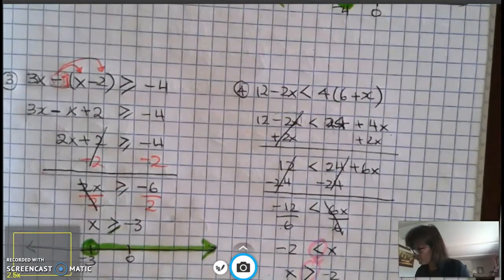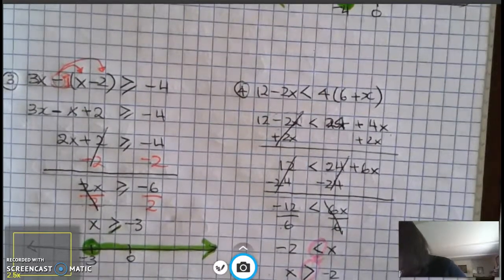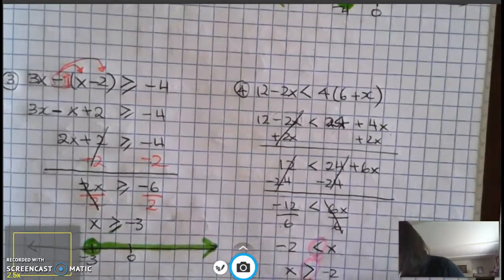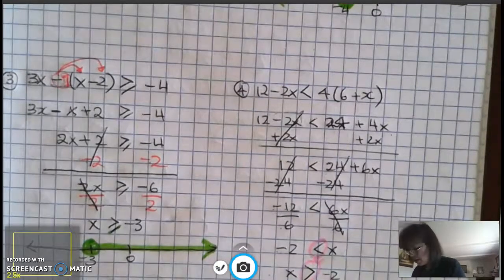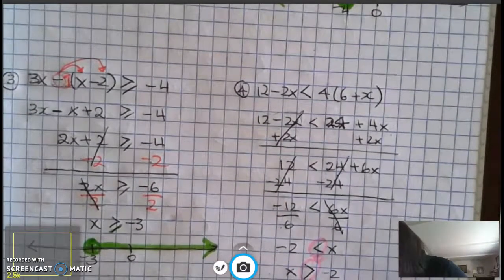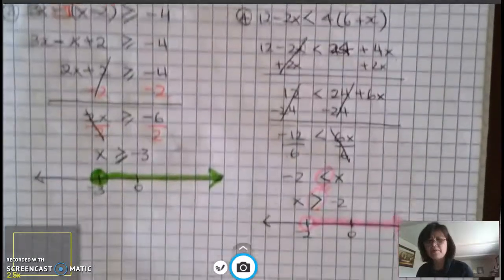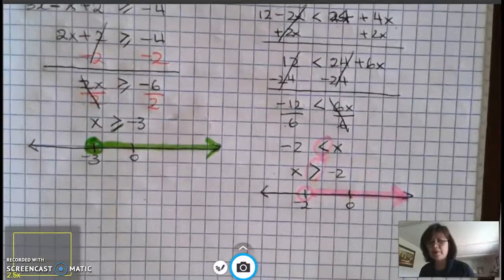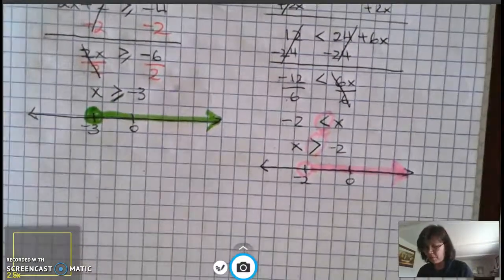Okay, so then if I was to graph it, that would be negative 2 and 0 here, and I could open circle and open it to the right, and here we go. All right, so that's the problems worked out.